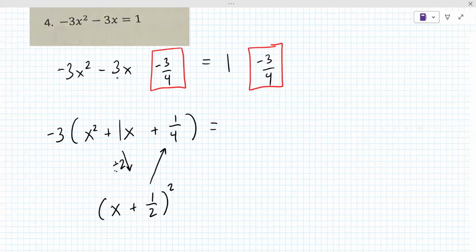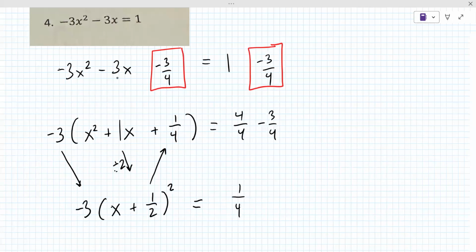So it's actually the first time we've seen a problem where the answer is negative and a fraction, which just happened to work out here. But that's okay, no big deal. Bring the -3 down. On the right hand side here, 1, you can think of 1 as 4/4, minus 3/4, and that's 1/4.